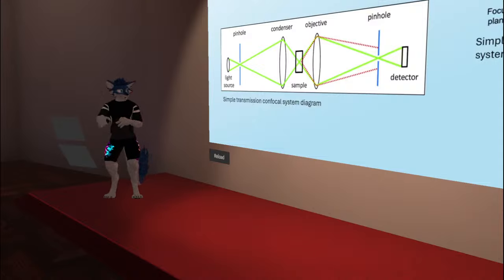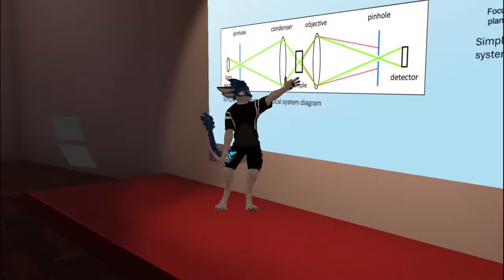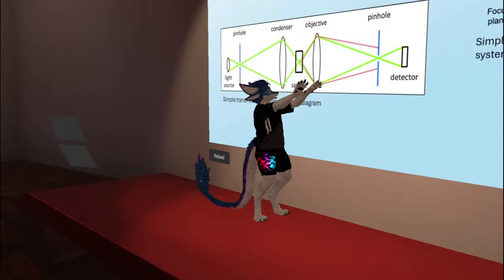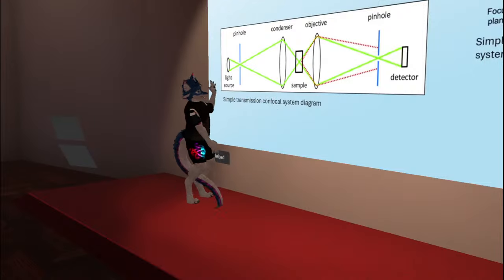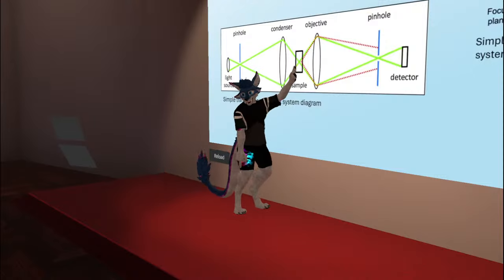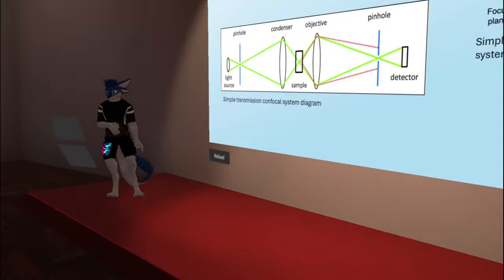Some systems, like confocal systems, have a light source focusing down onto the sample. That's lithography. If you just cut off the right side, it's a lithography system: a light source focusing some defined structure, like a point source, down onto the sample for a simple single point.